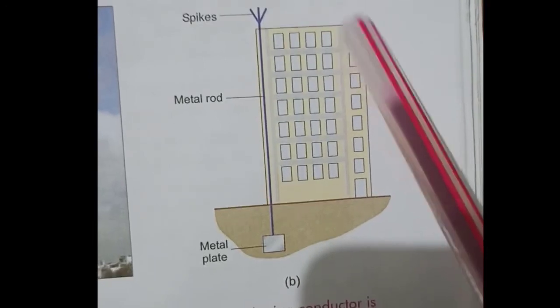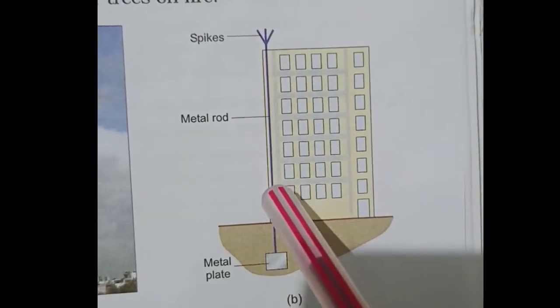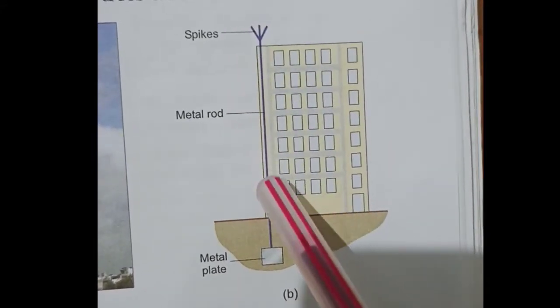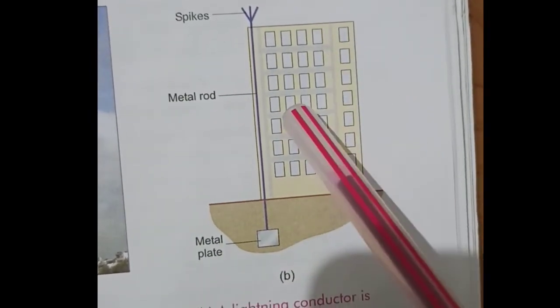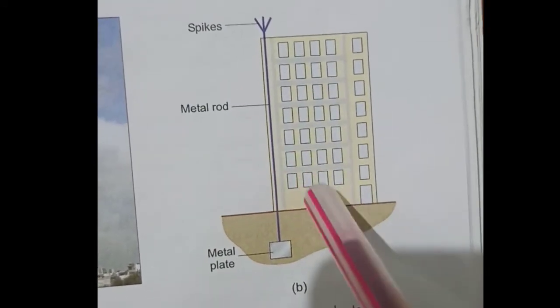Instead of falling on the building, it strikes the conductor, and then it conducts it through this copper. Being a good conductor, it conducts all of the charge, all the lightning, into the ground, and then the building is protected, and all of us are protected.